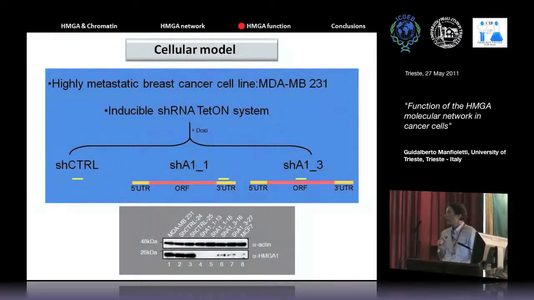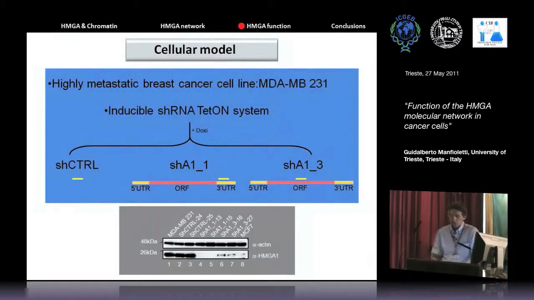In other words, what happens if we perturb this network, for example, by silencing the expression of HMGA1? So we developed cell lines inducible for silencing of HMGA1. And as you can see, we were able to efficiently silence the expression of HMGA1.